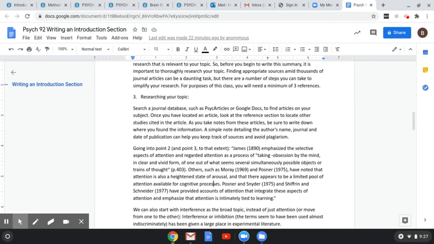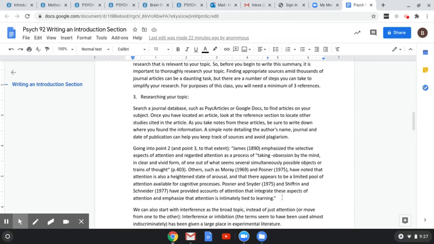So if you said Horowitz, 2016, in an article talked about the importance of teamwork, quote, "teamwork is really important," unquote, then you would put the page number, page 123. Here it says more others such as Moray and Posner, and after each name of the author, you write the year of publication.